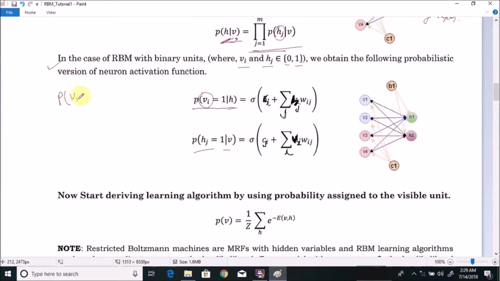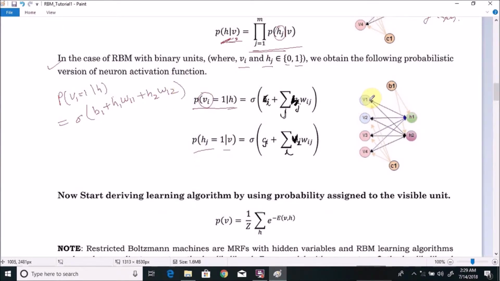The conditional probability of V1 equal to 1 given H can be given as the sigmoid of the bias V1 plus H1 into W11 plus H2 into W12.